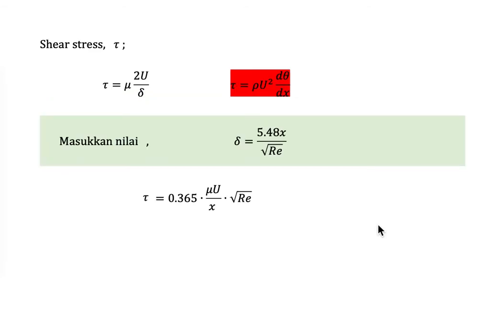Next, we need to calculate the shear stress for the polynomial velocity profile. Previously we already have two equations for shear stress. One is tau equal mu 2u over delta, which comes from Newton's law of viscosity, and the other is tau equal rho u square d theta dx, which comes from the von Karman equation.